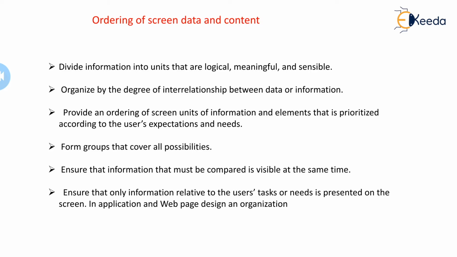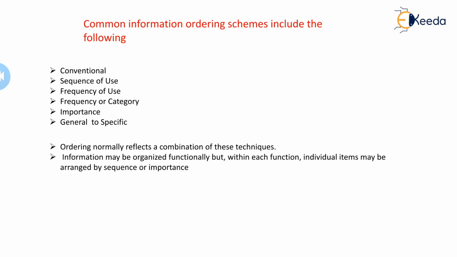Then sequence of use, frequency, how many times it has been used, what the function is, conventional importance, and so on. So screen navigation groups should cover all the possibilities. Ensure that all the information relative to the user task or needs is presented on the screen. So it's application and web page design and organization.